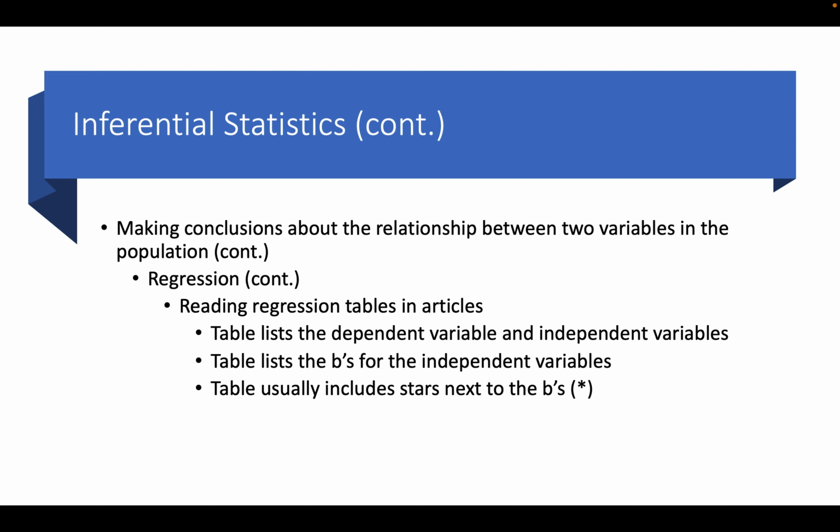When we read regression tables and articles, the tables will list the dependent variable and the independent variables. They'll also list the slope coefficients, the b's, for the independent variables. And the table will usually have some asterisks or stars next to the b's, and those asterisks indicate statistical significance.